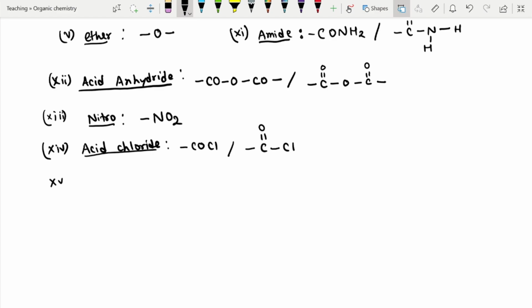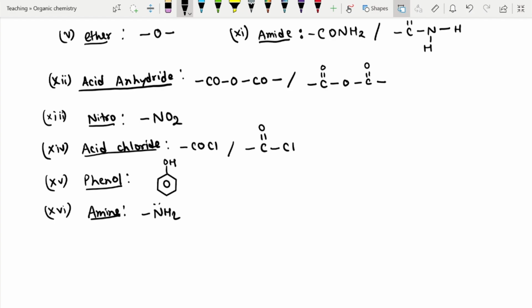Then number 15 is phenol, which is like this. The last one is number 16, which is amine. This is bond NH2.